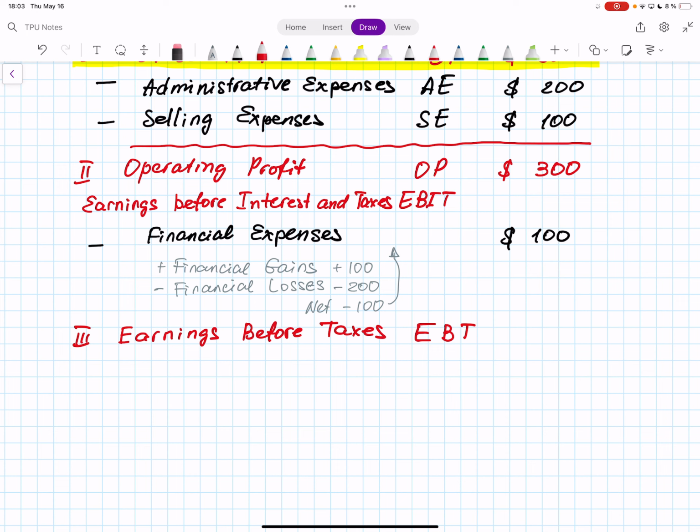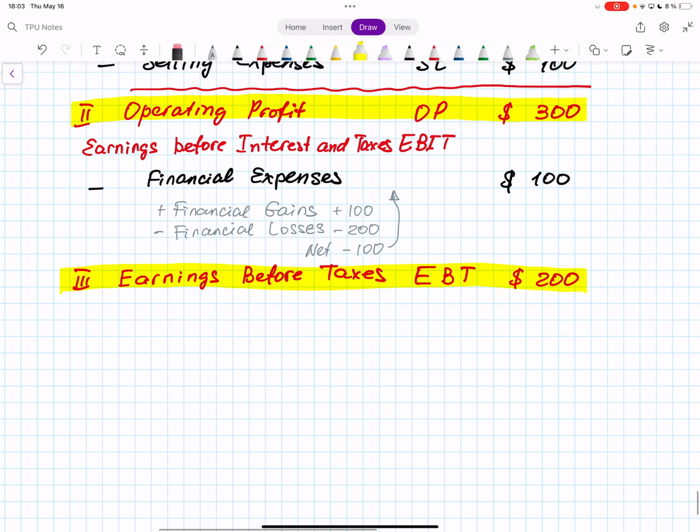It is 300 minus 100. That leaves us with 200. So here is profit number 2. This is profit number 3. And so what is left to pay?